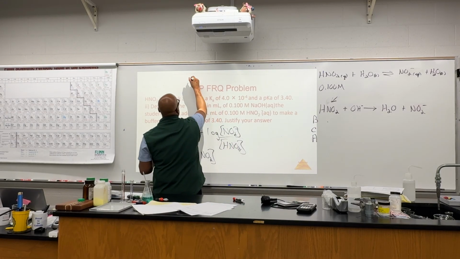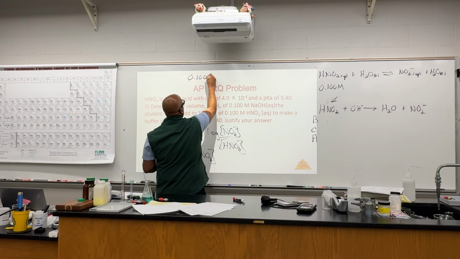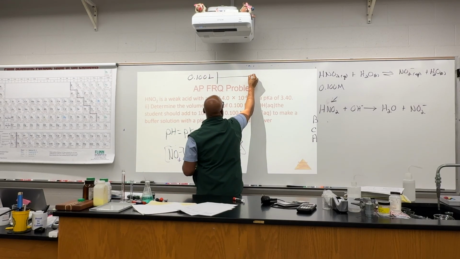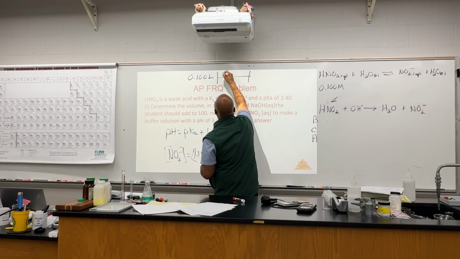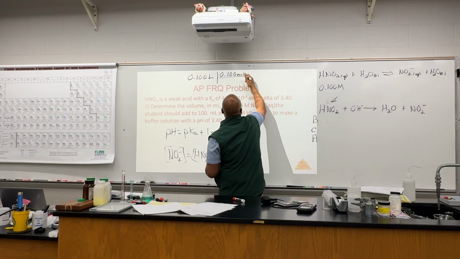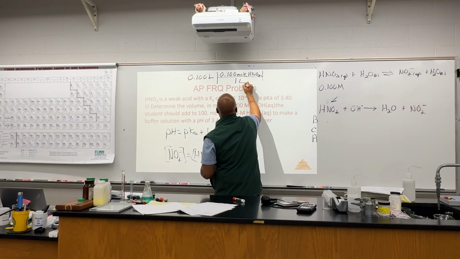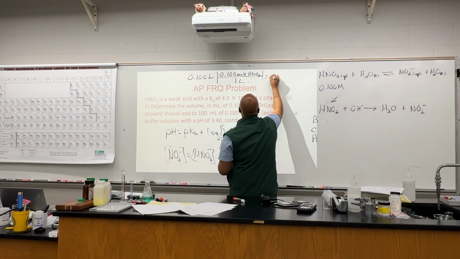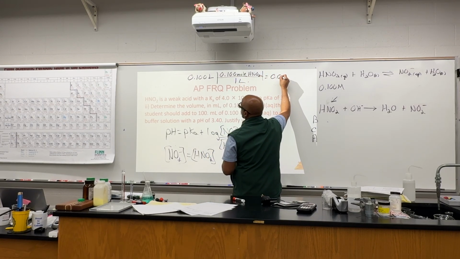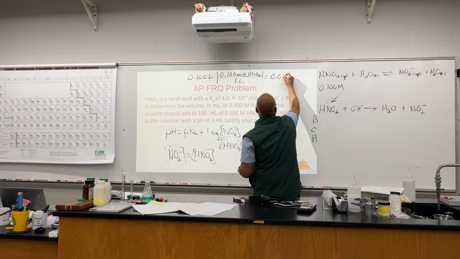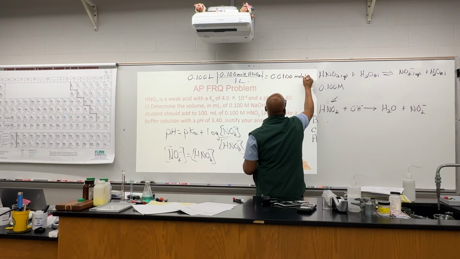Luckily for me, I have 0.100 liters times its concentration, 0.100 moles of HNO2 per 1 liter. That gives me 0.0100 moles of HNO2.